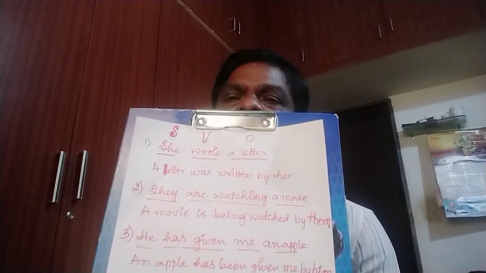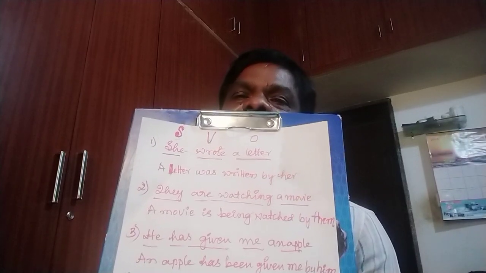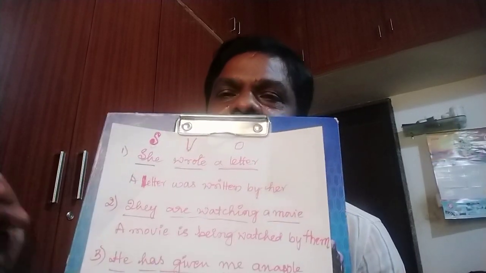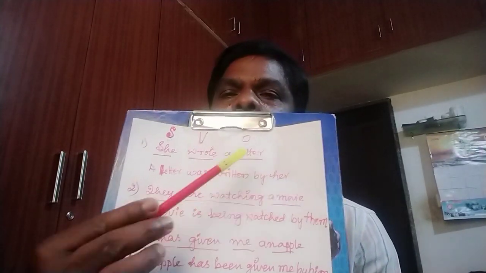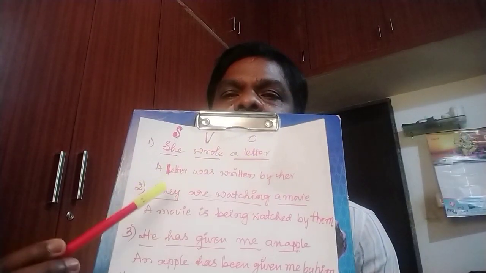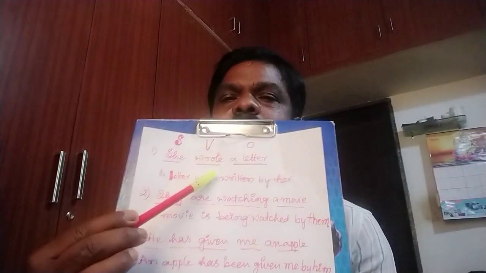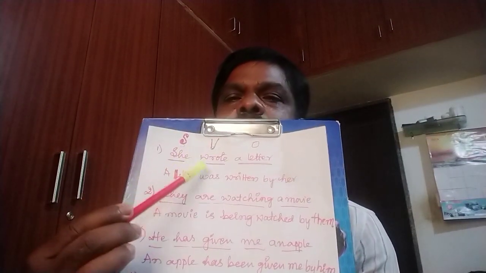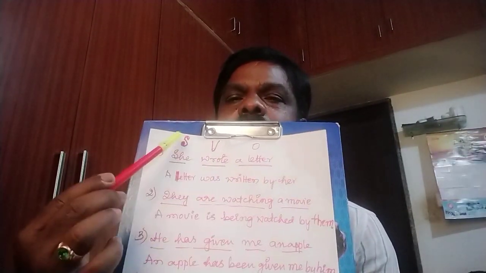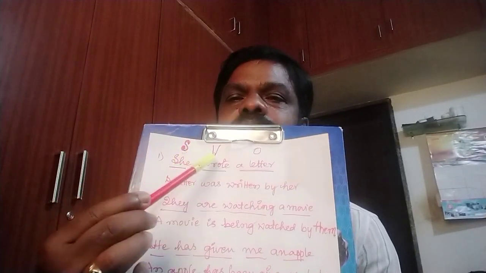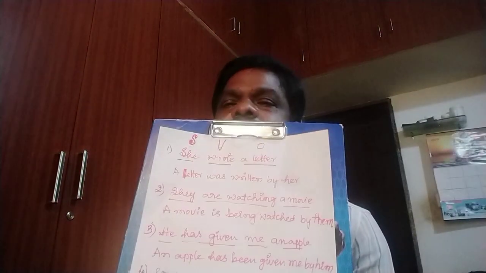First you have to take the object of the given sentence to the subject place. So here I have taken a letter to the subject place, and you have to change the verb and put by, then take the subject into object place.